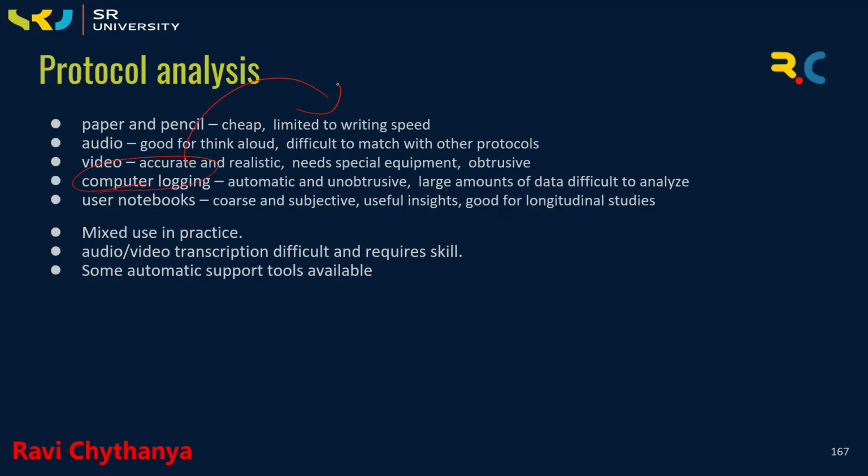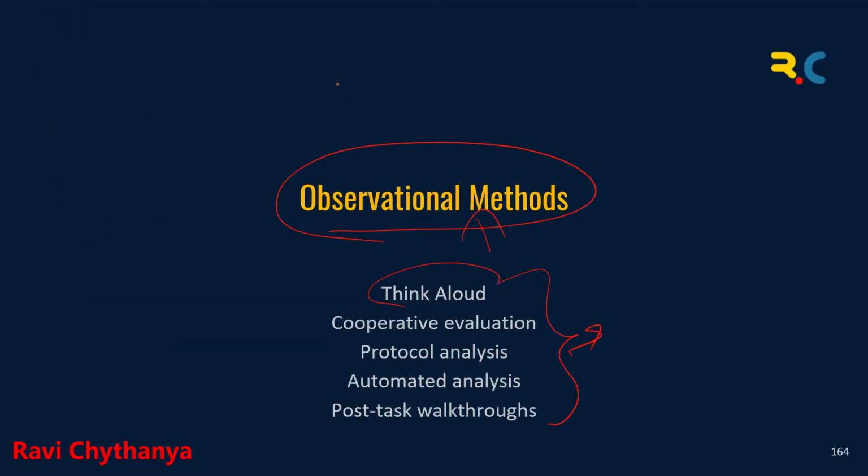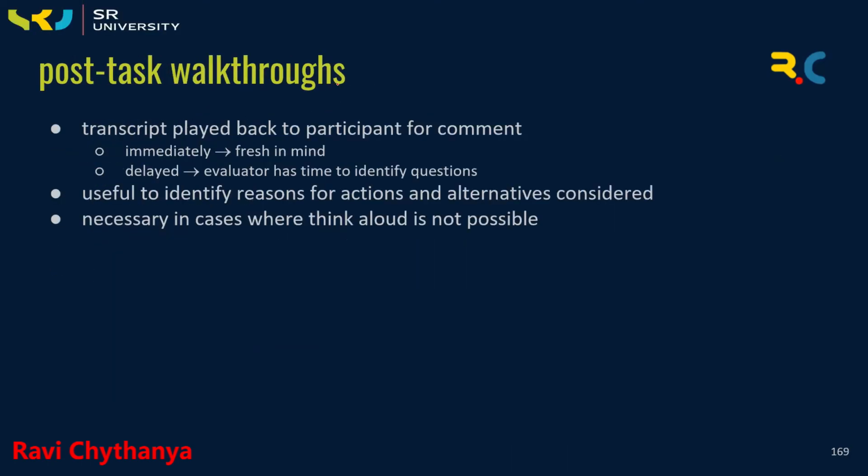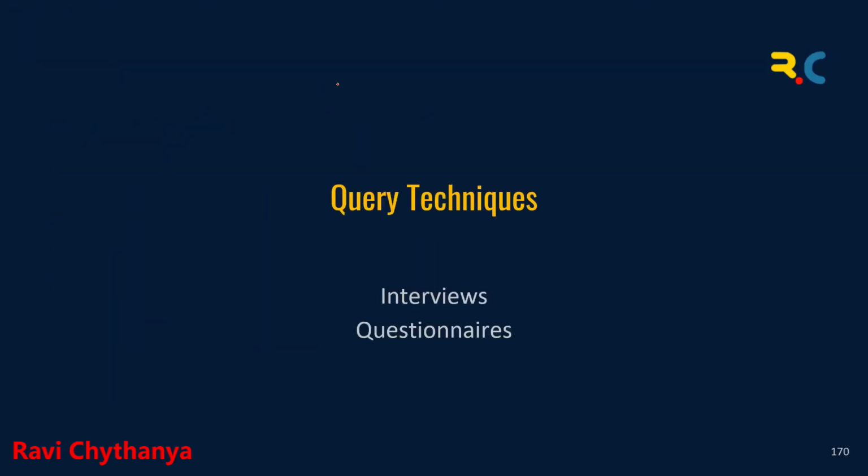And these are all the different types of classification of evaluations: observational methods and query techniques. In observational methods, you have think aloud, cooperative evaluation, protocol analysis, automated analysis, and post-task walkthroughs. The next classification of evaluation is query techniques.